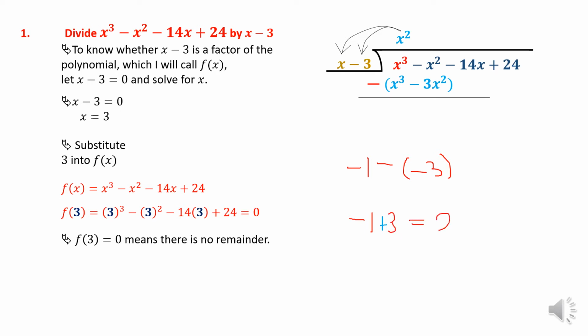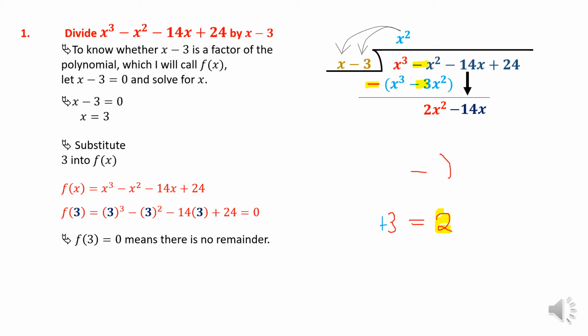This answer is the same as 3 minus 1, and that's how I end up with the positive 2. So you will see that I have 2x squared because it's now like terms. And I bring in that arrow there because I have to bring down the terms again.